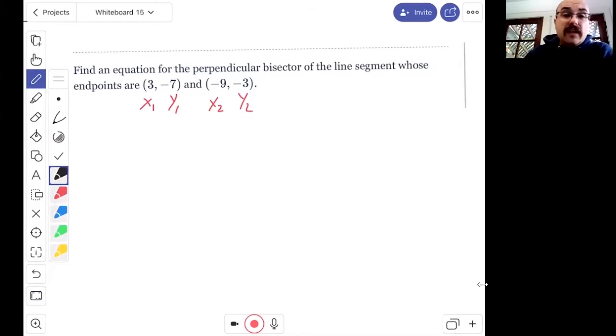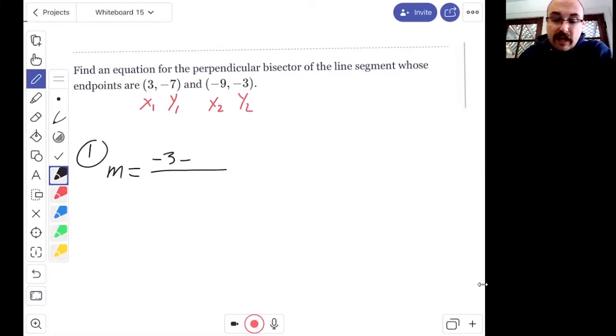All right, now let's follow along with those three steps. Step one, we're going to figure out what the slope of this segment is. So slope is equal to a big fraction. We're going to plug in y2, -3, minus y1, which is -7. Well, minus a minus is going to switch that to +7. On the bottom, we're going to do -9 minus 3, x2 minus x1.